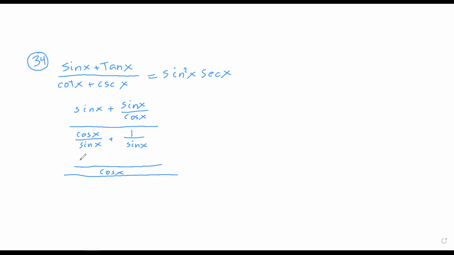So this is going to be sine of x multiplying cosine of x plus sine of x. And in the denominator, the common denominator is going to be sine of x. And this is going to be cosine of x plus 1.